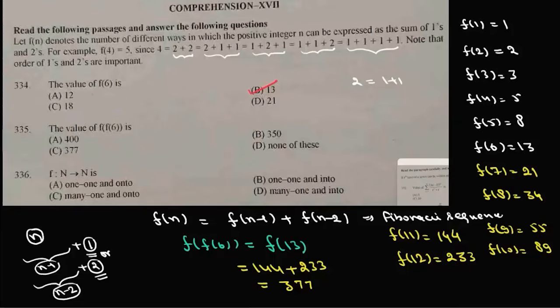So the value of f of F6 will be this option C.